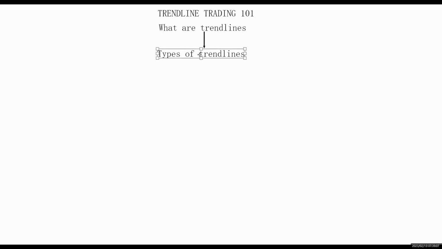The first one is the bullish trend line, and we have the bearish trend line.